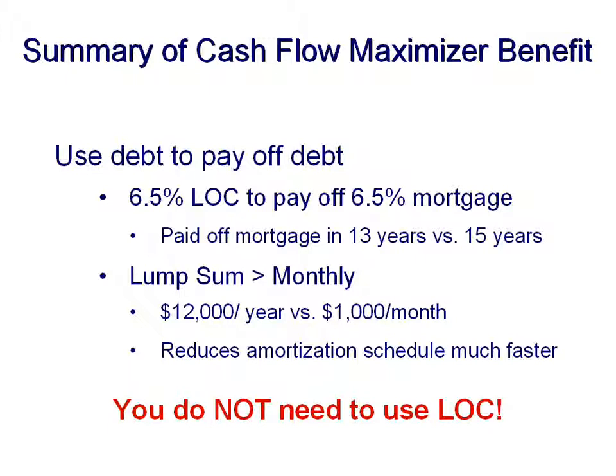Yet he paid off his mortgage because it's declining balance interest, and because the amortization schedule keeps dropping dramatically as he makes these lump sum payments. He pays off his mortgage in 13 years versus the 15 years he had left on the $216,500 original mortgage.